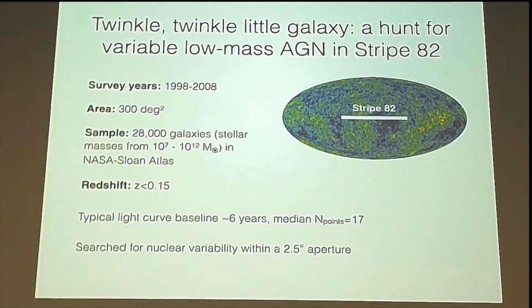I constructed light curves for all 28,000 of these galaxies using data from this survey, and then searched for nuclear variability that was AGN-like. The typical light curve baseline here was about 6 years, with a typical number of data points of 17.